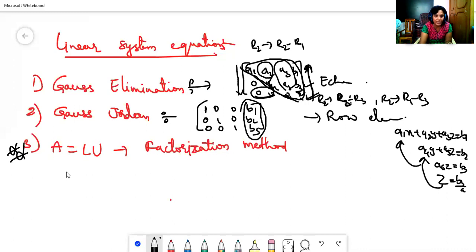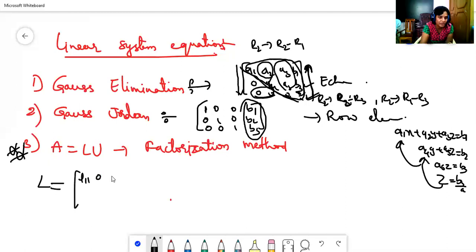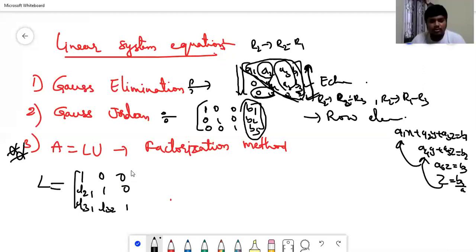Both are the same. Here, we can take A equal to the product of a lower matrix and an upper matrix. In this lower matrix, we take 1 0 0, L21 1 0, L31 L32 1.